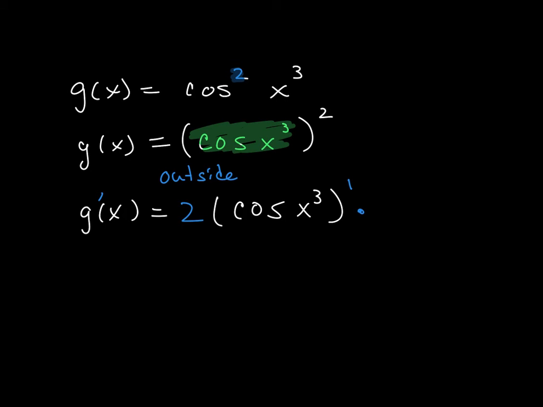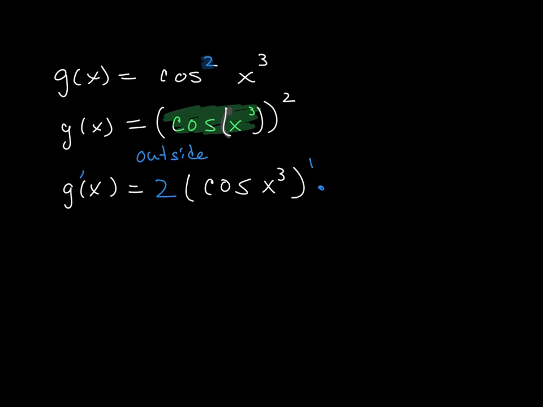Now the derivative of the cosine of x to the 3rd, remember this x to the 3rd is also going to have to be a double chain rule. So the derivative of the cosine is minus the sine. X to the third stays the same, but I have to multiply that times the derivative of whatever the inside piece is, so that gets multiplied by 3x squared.